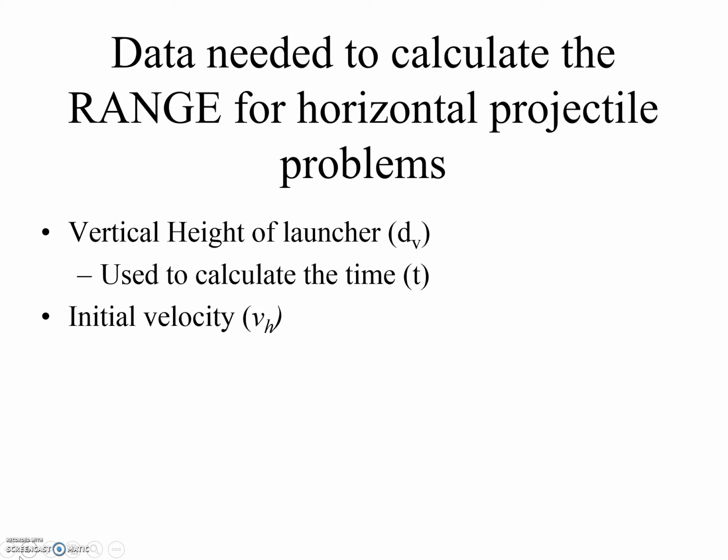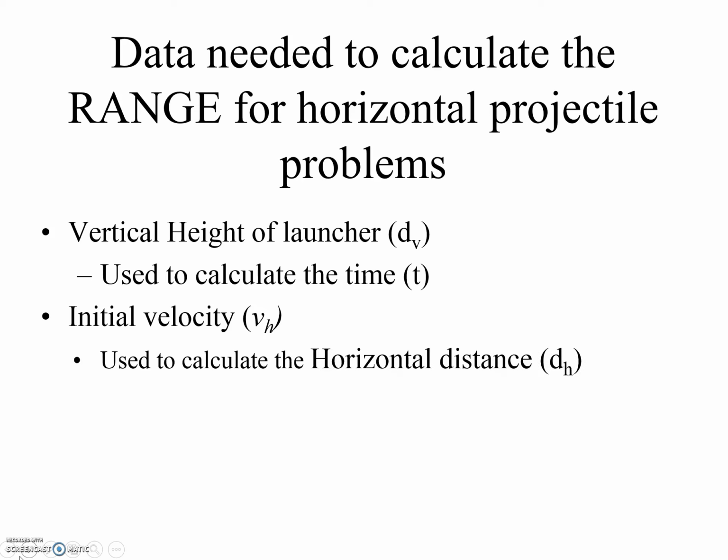And we also need to know what the initial velocity of the projectile is. And that velocity will be in the horizontal direction, so we'll label it as v sub h, which stands for the horizontal velocity. And we're going to use that to calculate the horizontal distance or the range of our projectile.